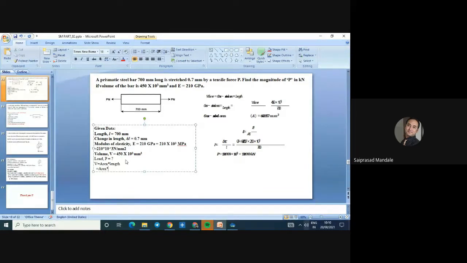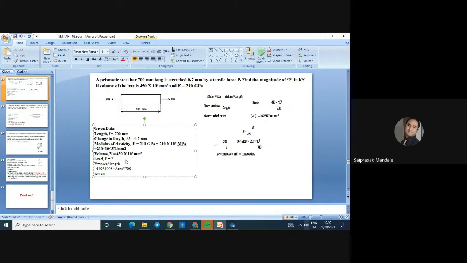Do we have a length? Yes, we have a length of 700. Do we have a volume? Yes, volume is 450 into 10 cube. So can we calculate the area now? Yes, so we can calculate. Right now we have an area.